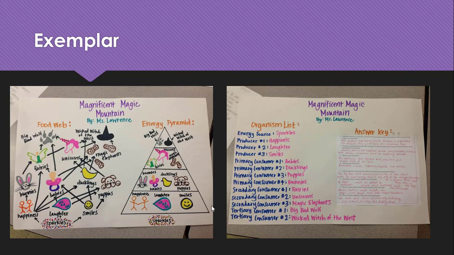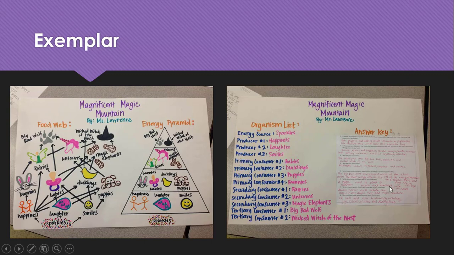So here's the exemplar. On the left, we can see my food web. And again, I've chosen a whole bunch of various non-traditional organisms to relate to one another. So we can see, for instance, that the big bag wolf is eating babies. The babies are eating laughter, etc. And our energy source, rather than the sun, is sparkles. So this is an opportunity for students to get really creative and make the content more tangible to them.